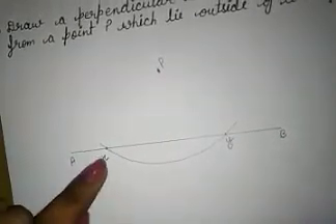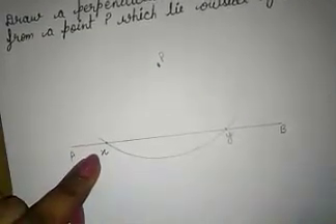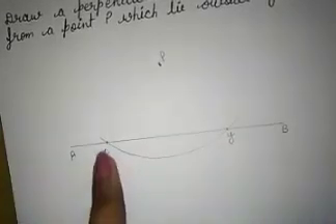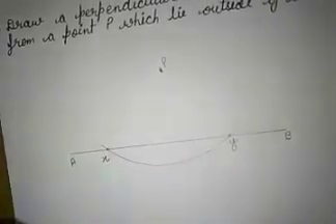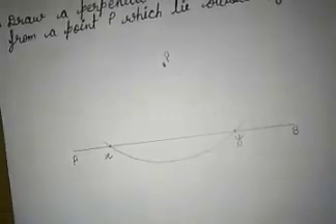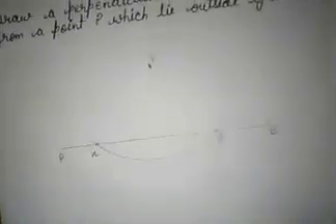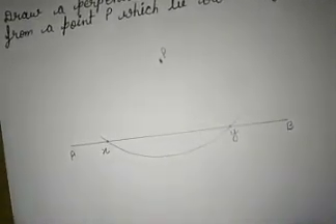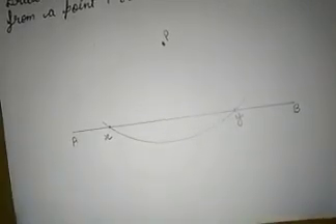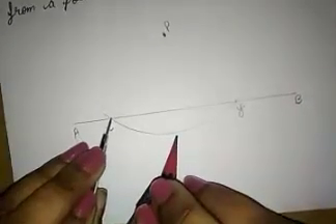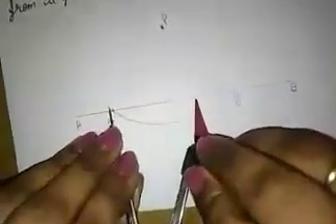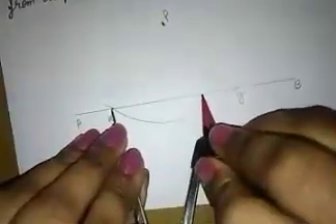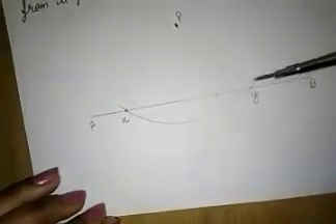So, taking X as center and the radius more than half of XY, I will mark another arc at the bottom of the line segment AB. So I am taking X as the center and the radius more than half of XY and marking arc below the line segment AB.